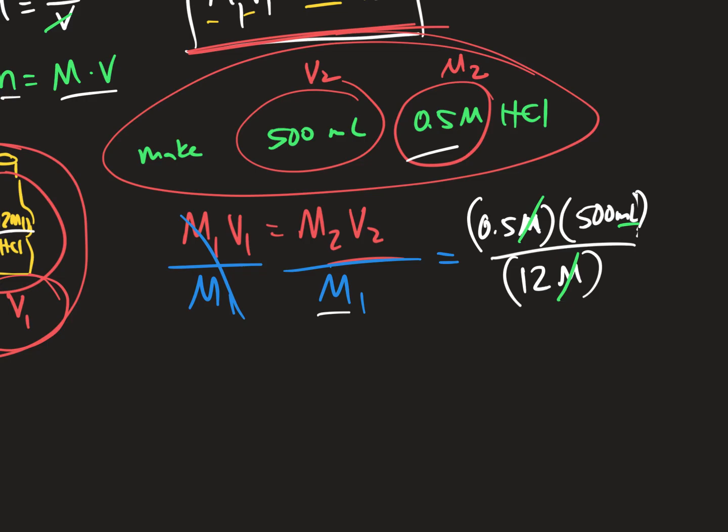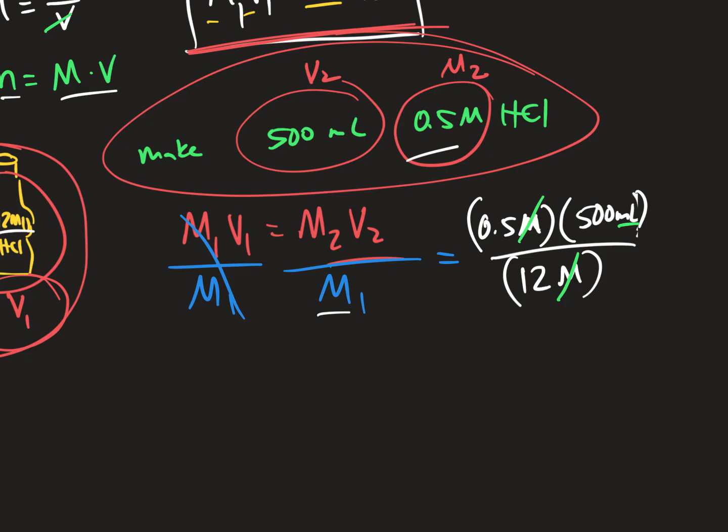And we're left with milliliters. Is that okay if we have our volume measured in milliliters? Yeah. If we want it in liters, then we can convert it. If it doesn't matter, we can just leave it there. So it doesn't matter if we're in liters or milliliters, or even centimeters cubed, right? Whatever.